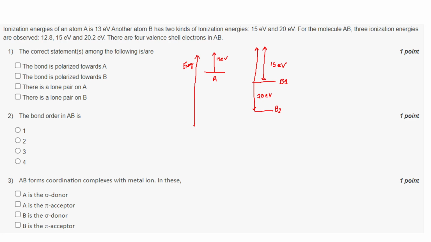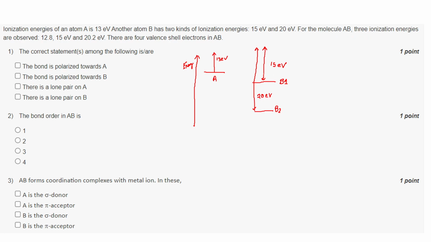So these are the individual atomic orbitals. For A, it is a little higher than B1 and B2. This we have drawn from what is given in the question. For A it is 13 electron volt, and for B it is 15 and 20 electron volt. Now, if these atomic orbitals form molecular orbitals, the question says that for molecule AB three ionization energies are observed.